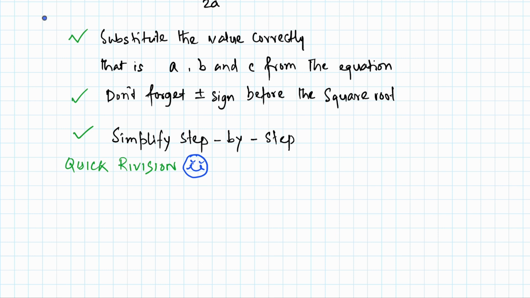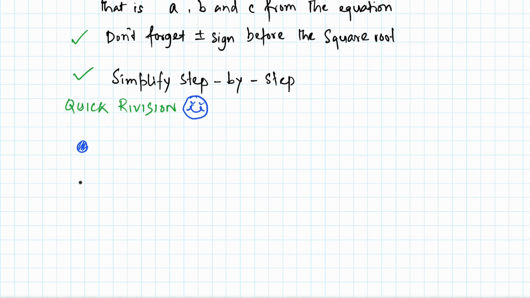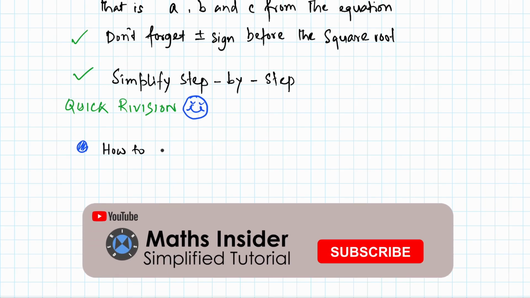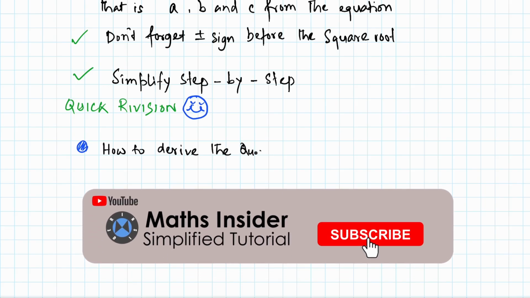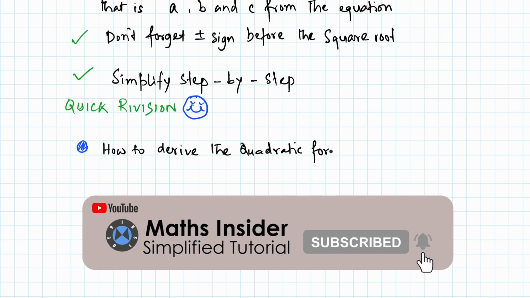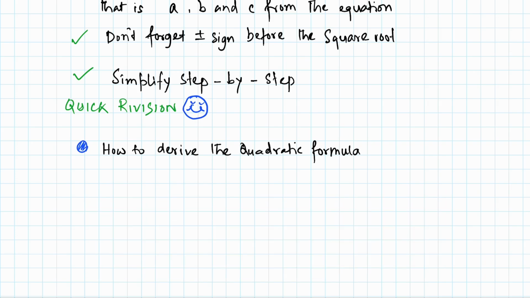Now, a quick revision of what we have learned so far. First, how to derive the quadratic formula. If you can derive it every time before you practice this kind of problem, it would be a great practice.